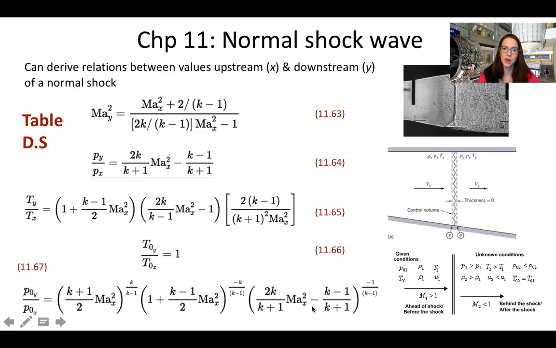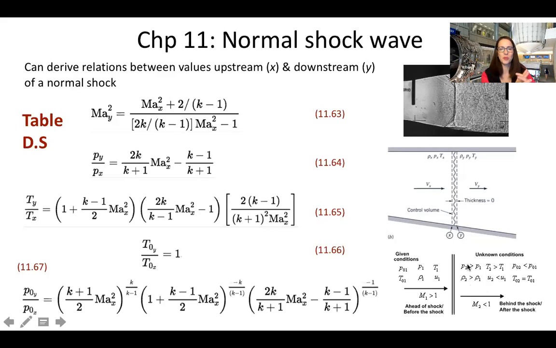the upstream Mach number. So it's interesting if you look at what happens to certain quantities when you cross a shock. If you look at the velocity and the Mach number, they slow down. You lose energy, right? When you cross a shock, you lose energy. Kinetic energy gets translated into heat and loss. So what does that mean? That means when you cross a shock, your velocity goes down, but your pressure goes up, your density goes up, your temperature goes up, your loss goes up, your entropy goes up, right?